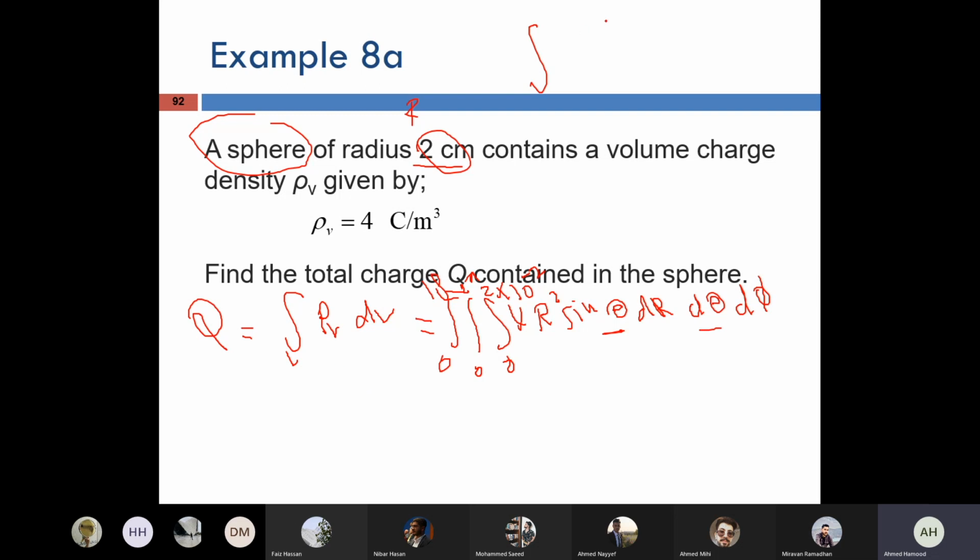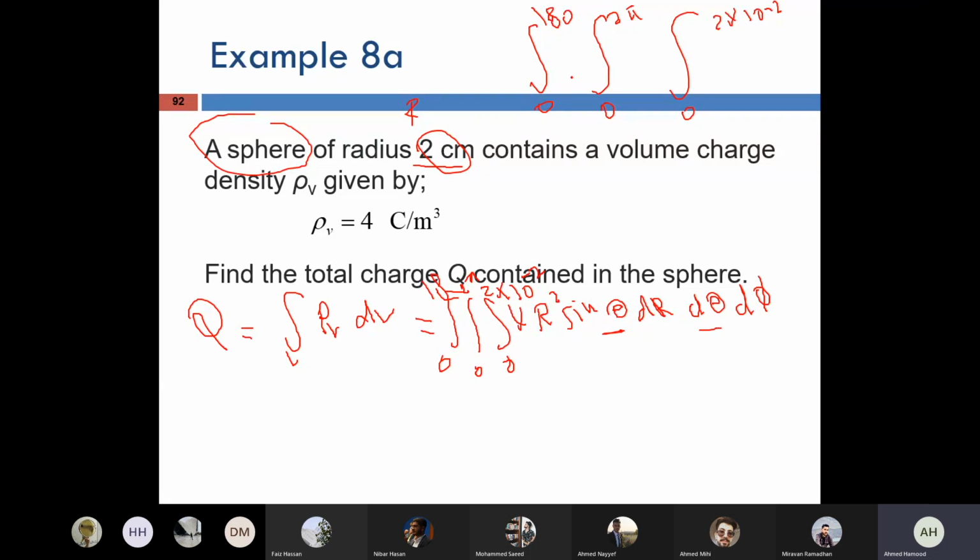This is the most important thing you have to know. One for r, 0 to 2 multiplied by 10 to the power of negative 2. The second is for phi, from 0 to 2 pi, and for theta from 0 to 180. You have to understand this.